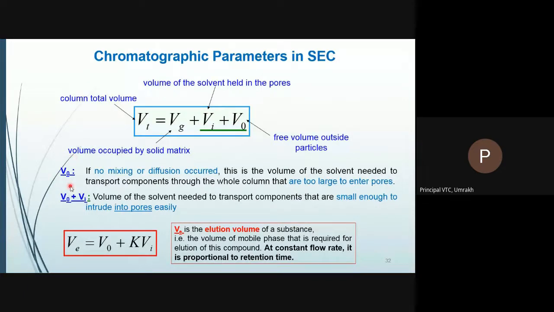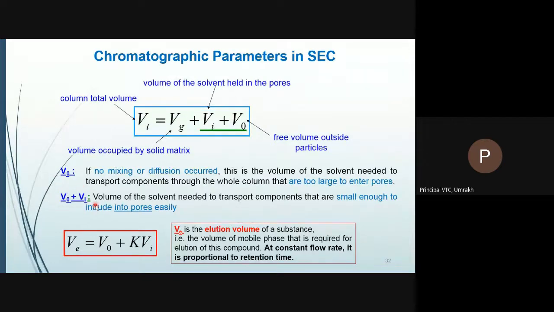Now, when V0 will be there, if there is no mixing or diffusion occurring, and your particles are very large and not penetrating inside the pores, then V0 is the volume of solvent needed to transport the components through the whole column. Because the particles are very large and cannot enter the holes, it will be V0.